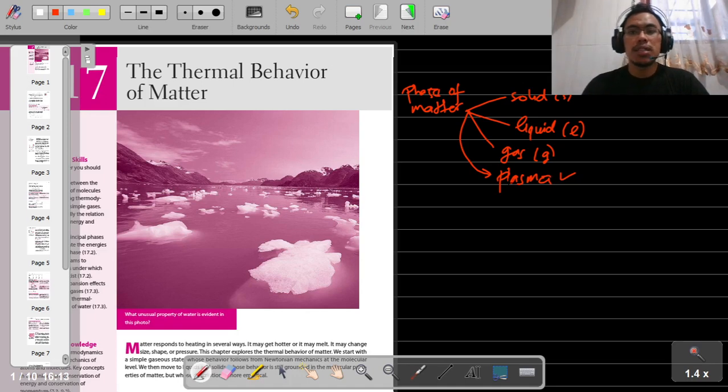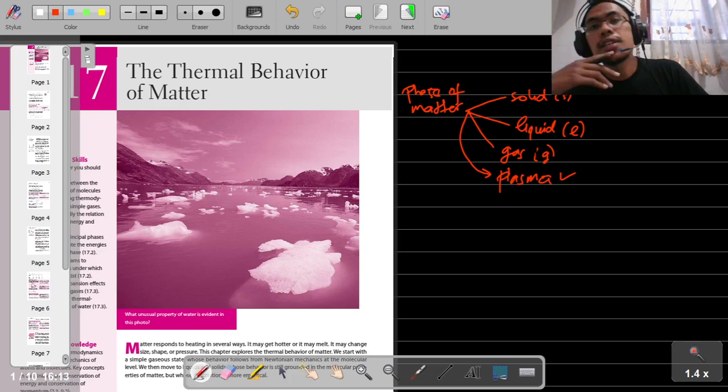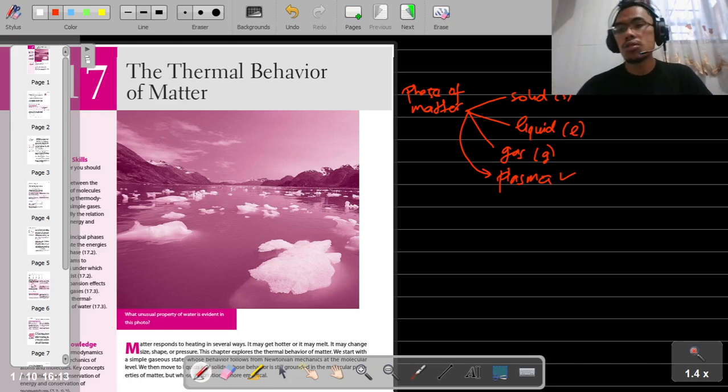Plasma will be discussed more in the science faculty, because our faculty is engineering, and the department of mechanical engineering, so we are not going to learn much about plasma. So we are going to deal with these three kinds of matter: solid, liquid, and gas.